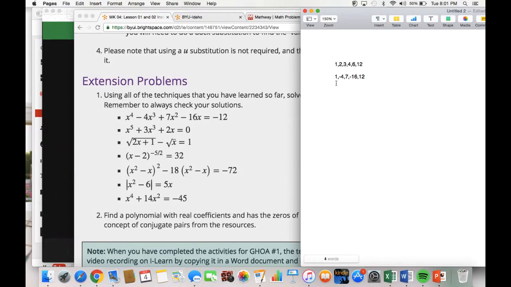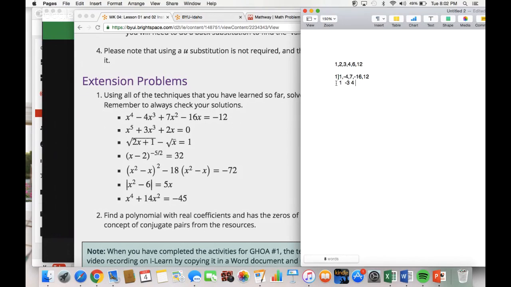So if I plug in, let's make a division wall. Okay, let's say that's our division wall. And if you plug in 1, bring 1 down here, and then 1 times 1 is still 1. So you add that to the -4, that makes -3. -3 times 1 is still -3.